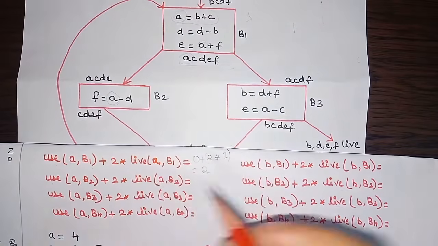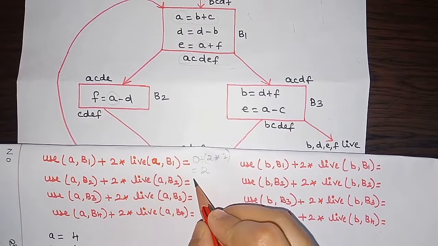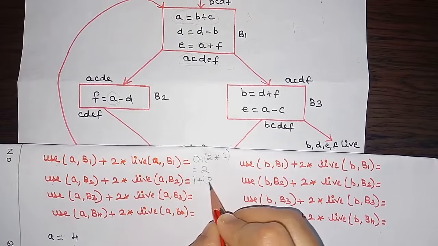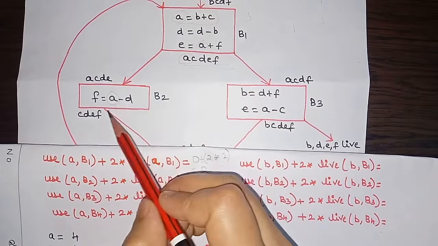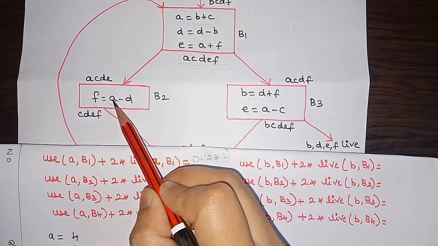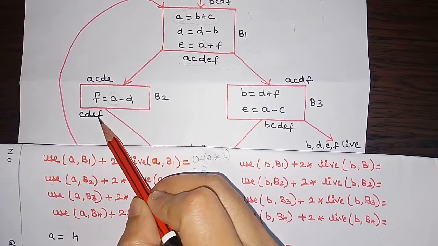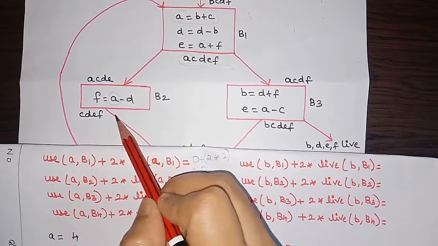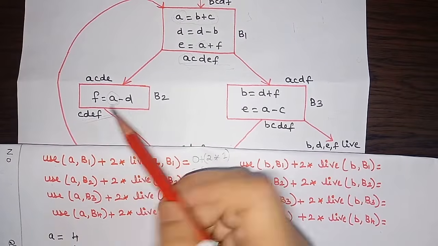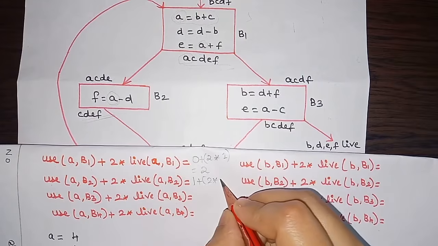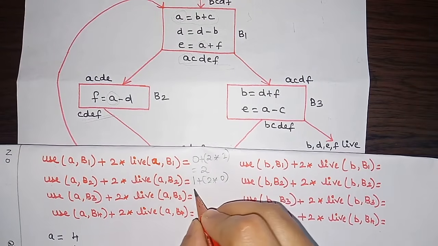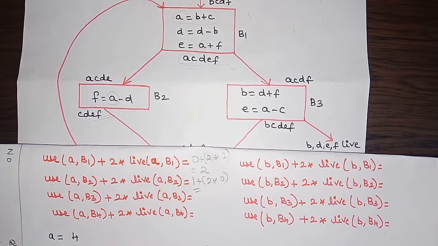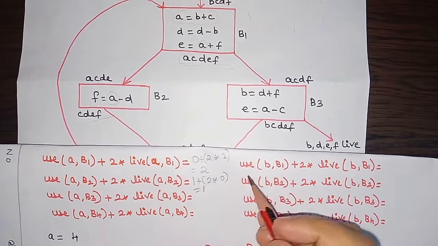So now the value of use of a comma b2 is 1 plus 2 star. Then we have to find the liveness of a comma b2. So we have to check whether the variable a is live on exit from b2. Here it is not live, so now the value of live of a comma b2 is 0. So the cumulative sum result will be 1 here.